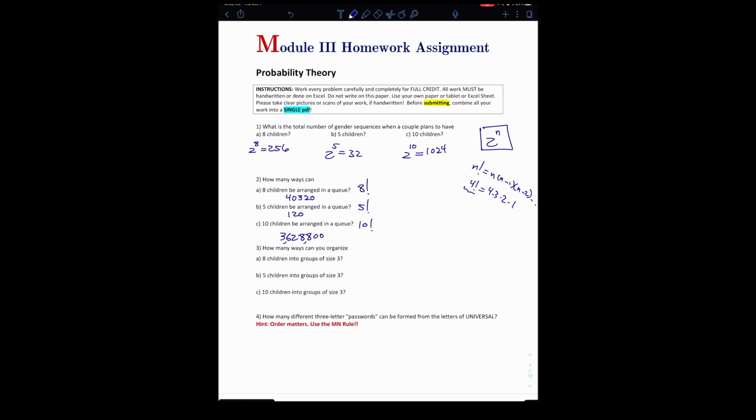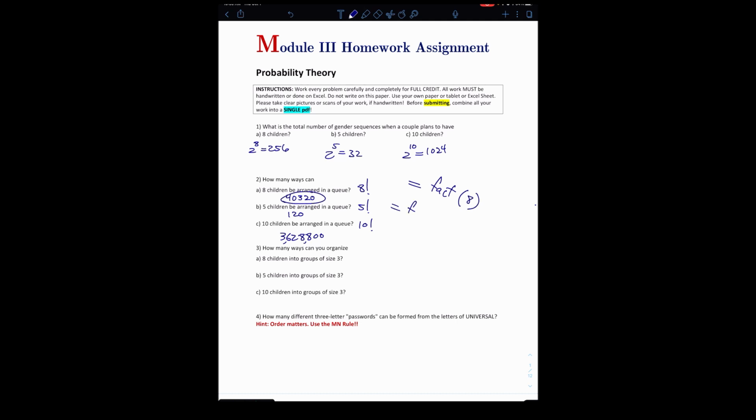Now, of course, there's a command for that. There's a factorial button on the calculator, but since we don't use calculators and use spreadsheets, the factorial command for spreadsheets is simply equals FACT, parentheses, whatever factorial you're trying to find. So if you type FACT of 8, you get 40,320.